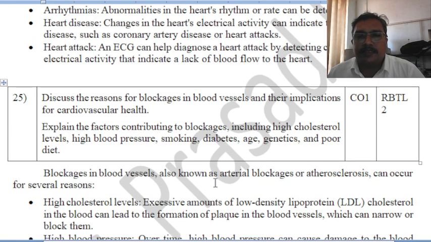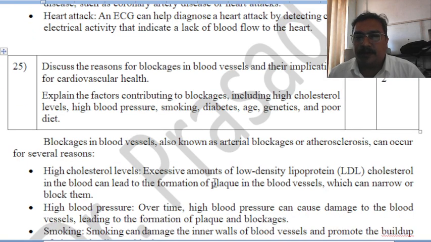Now discuss the reasons for blockages in the blood vessels and their implications for cardiovascular health. Explain the factors which contribute to the blockages, including high cholesterol level, high blood pressure, smoking, diabetes, age, genetics, and poor diet. I have given the points which you can include as an answer.